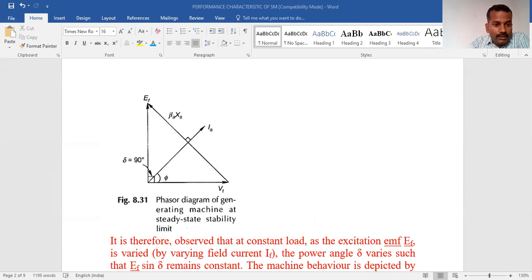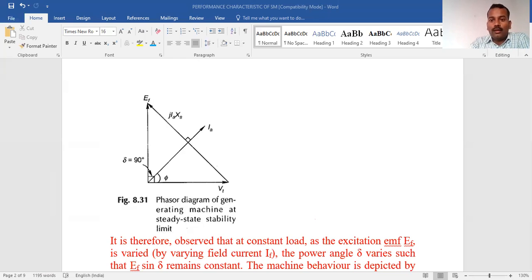And this black line, the reference line, which is constant, is the voltage V. And this blue line is the E. You can see this E is constant. The value of delta is the angle between V and E, blue line and black line, and it continuously varies. But E sin delta, this curve, remains constant throughout the movement.